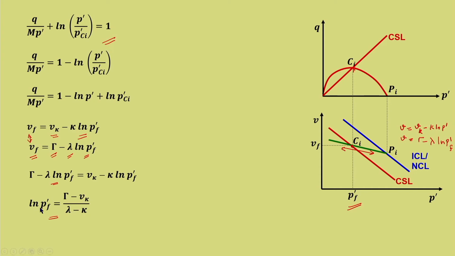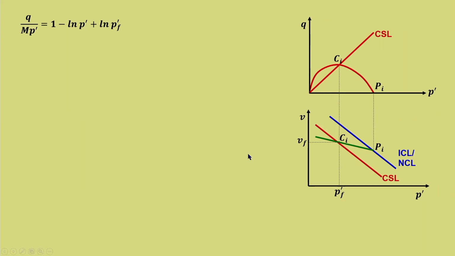So, we got an expression for ln p'f. Now we know that p'Ci is equal to p'f, the same point. This is p'Ci, it is the same as p'f.